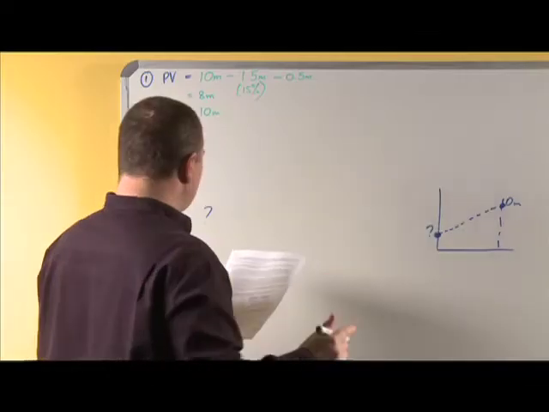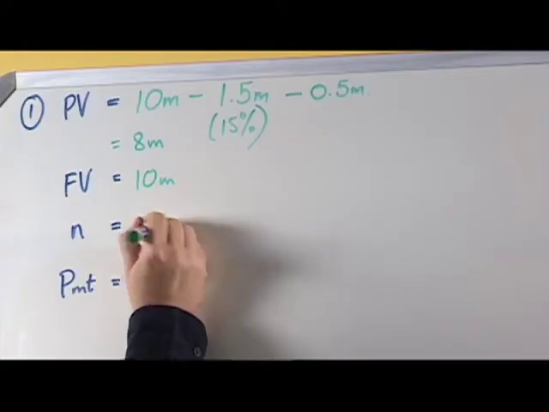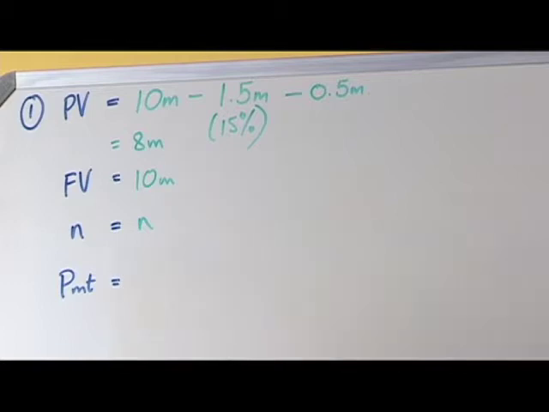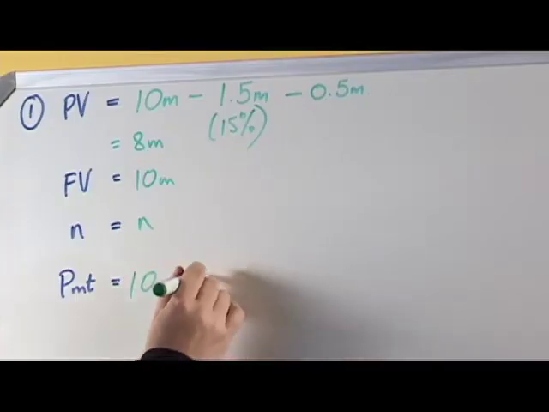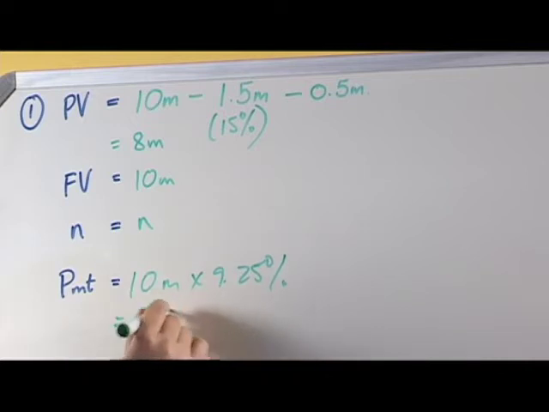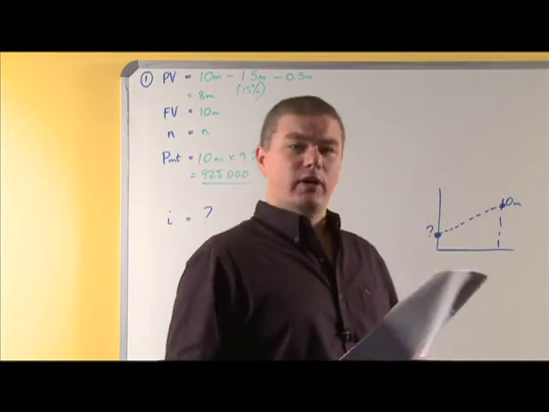My N will be 2. And my payment, the amount of money that I'm having to pay every single year, is going to be 925,000: 10 million times the coupon rate of 9.25%. Plug those all into your financial calculator.